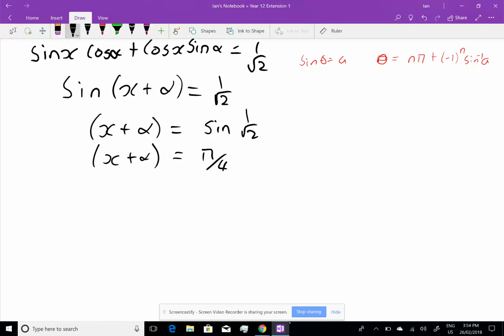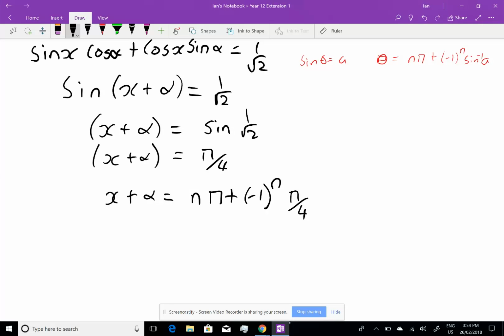I just go, all right, well, x plus alpha, the general solution is n pi plus negative 1 to the n, pi on 4. That's the inverse sine of what we got.